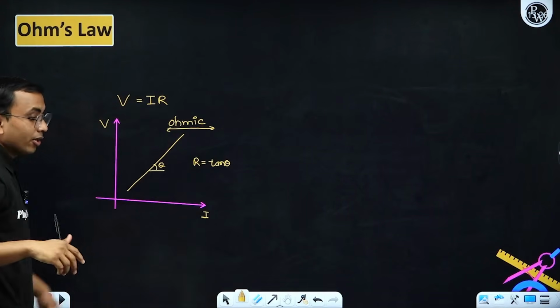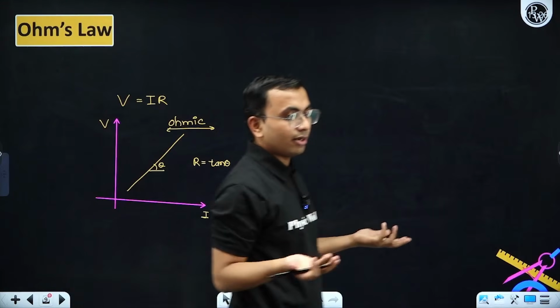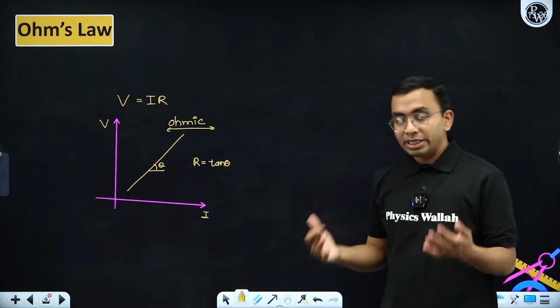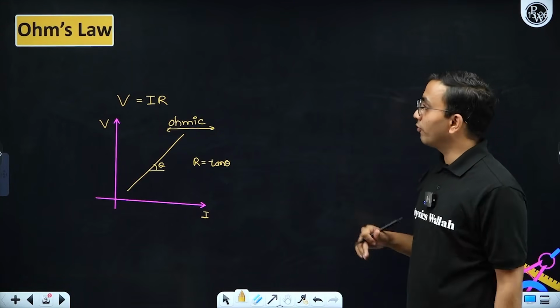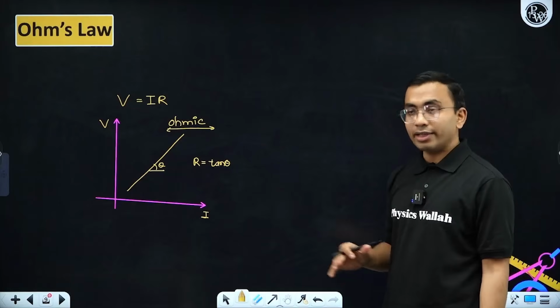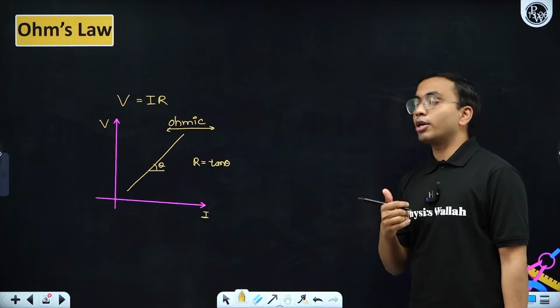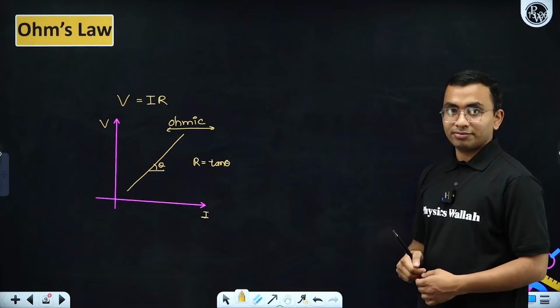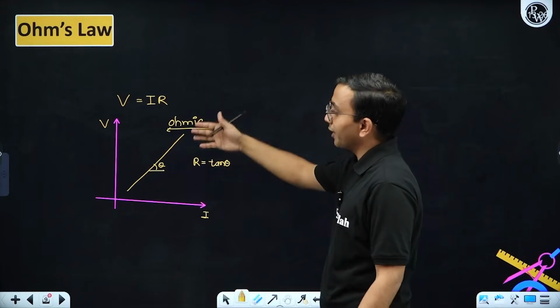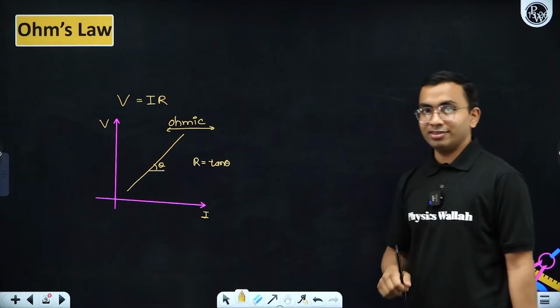Now a few conductors or materials will not follow Ohm's law. That relation will not be a straight line. If you talk about semiconductors, that relation is not a straight line. The slope is not constant.